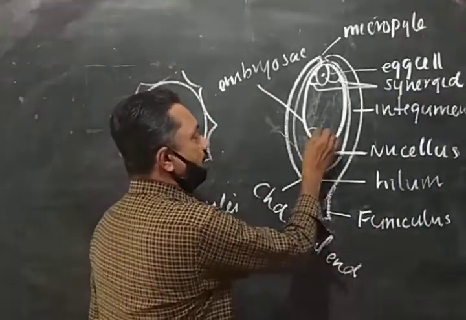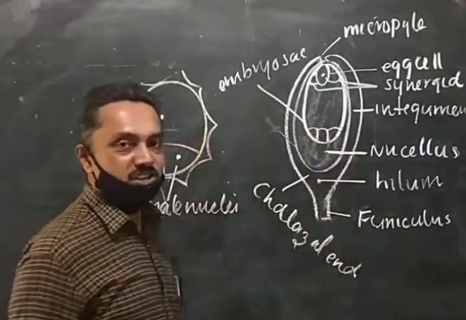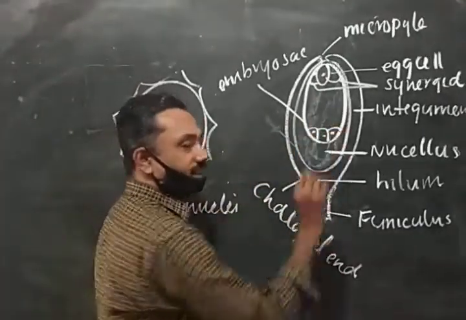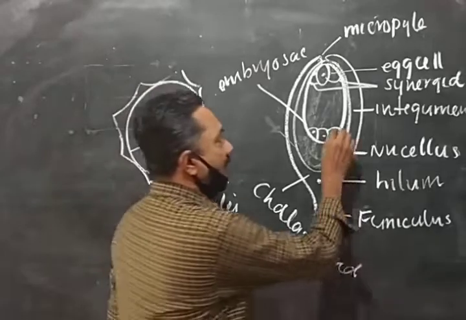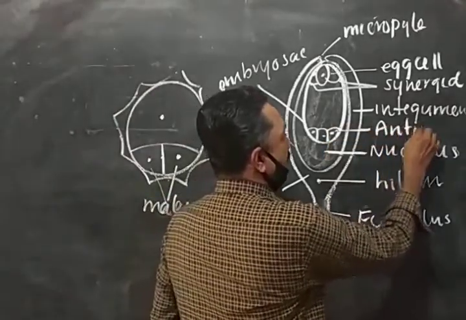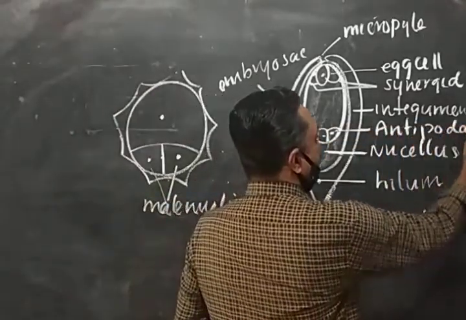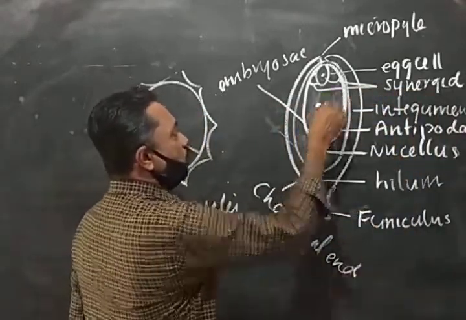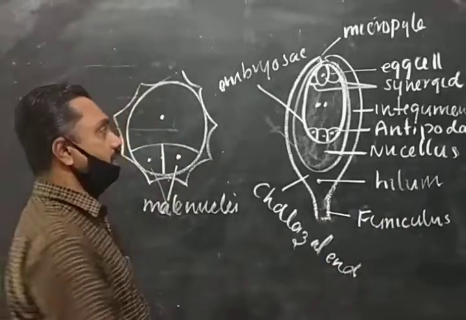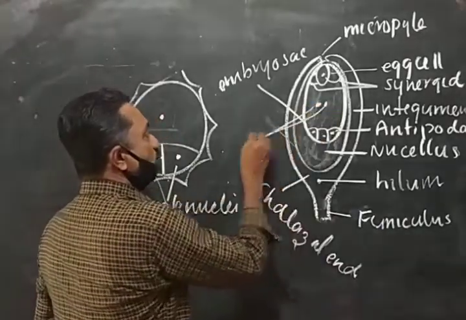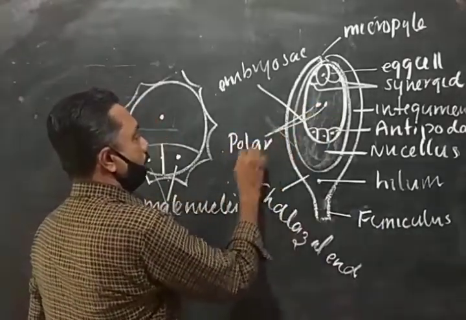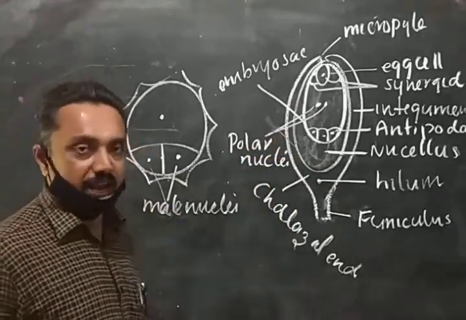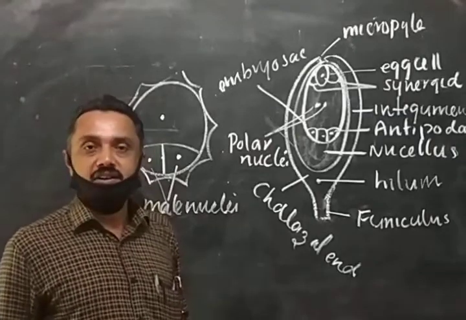And on the chalazal end, on the opposite side, there are three cells called antipodal cells. At the middle region, two haploid nuclei are present. These two nuclei are called polar nuclei. So this is the diagram of the female gametophyte in angiosperms.